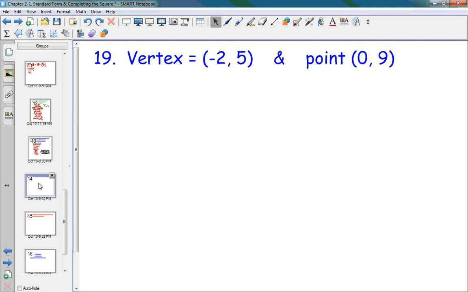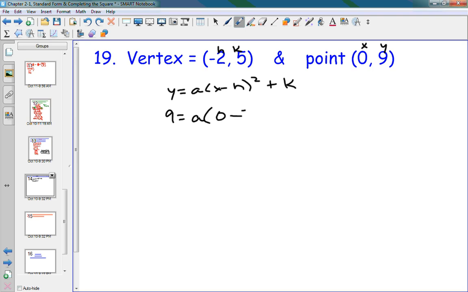Okay. Now, I need to find the equation that contains this. So what do I do? Plug them into the formula. Vertex is what? Okay. The point is going to be X and Y. Y is 9, A I don't know, X is 0, H is -2 squared, K is 5. Minus a negative is a positive. What is 2 squared? 4.